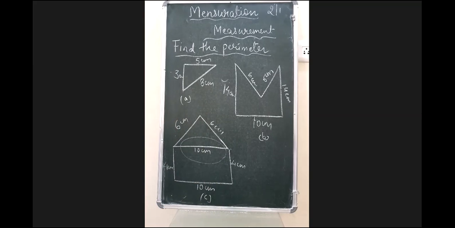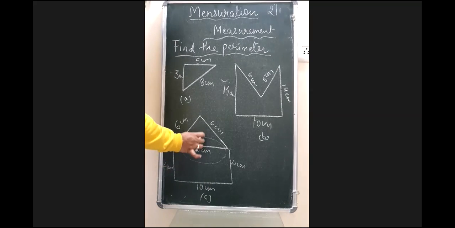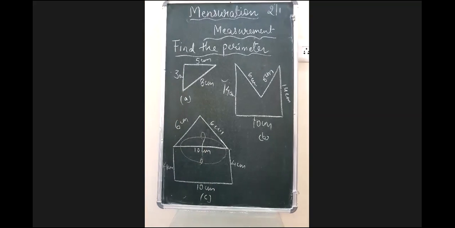And remember, perimeter means only the length of all around. Okay, all around का मतलब होता है the boundary. It is not including any side which is from inside. So remember, when you are talking about perimeter, you cannot include this side. I hope it is clear in your mind.